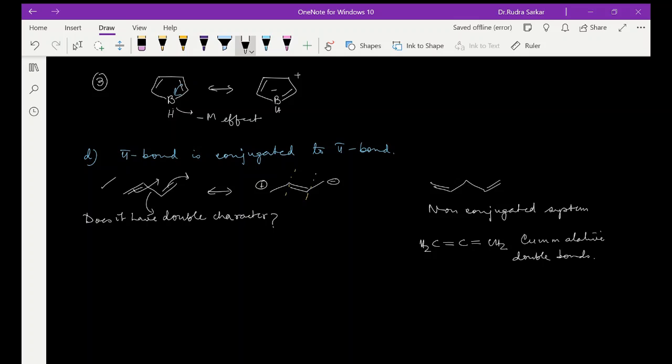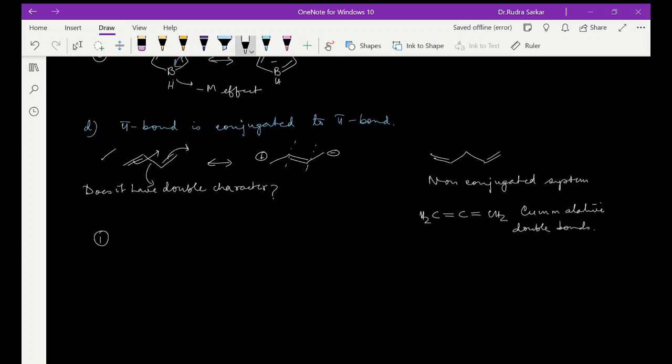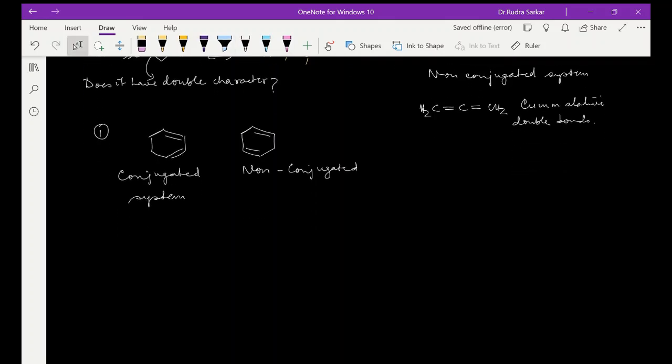Okay, that is what to be kept in mind. So some examples let's do. This and that is compared with this one and that one. So this is, we will say, a conjugated system. Non-conjugated.